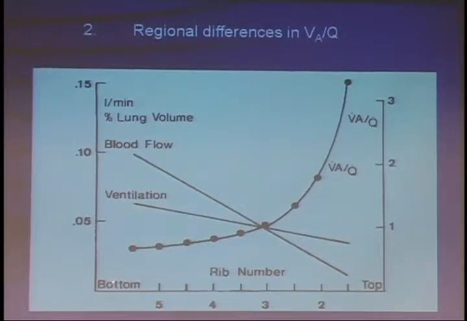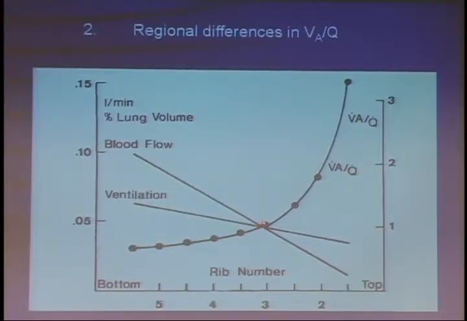If we start off at the bottom, where the blood flow is relatively high, and so is the ventilation, but it's less, then when we take that ratio, putting ventilation over blood flow, we get a ratio that's less than 1. And then as you go from the bottom towards the top, the blood flow is declining, so is the ventilation, but not as steeply, and we reach a point where the 2 are the same, and so the ratio is 1.